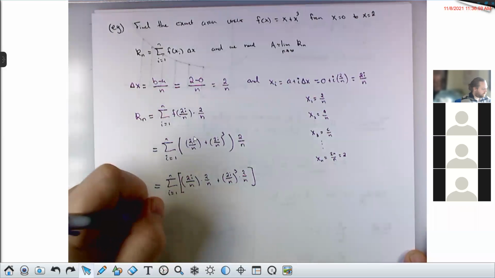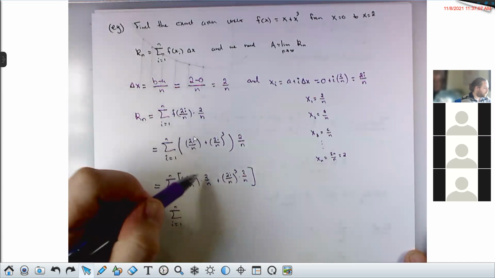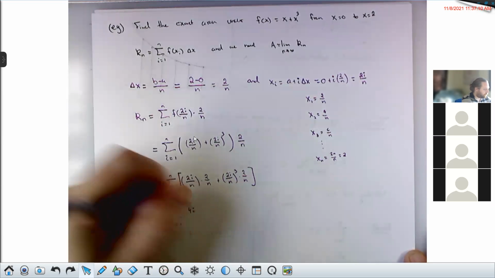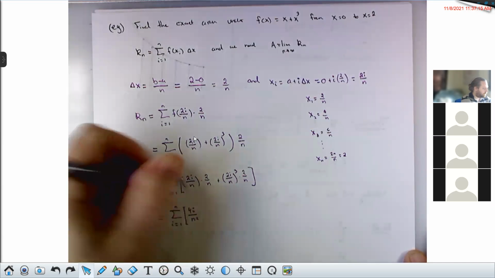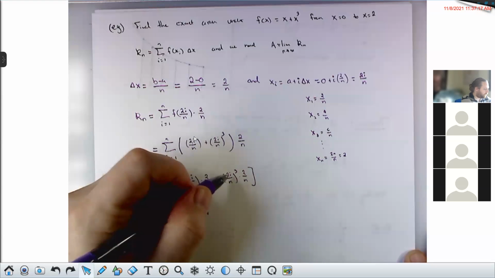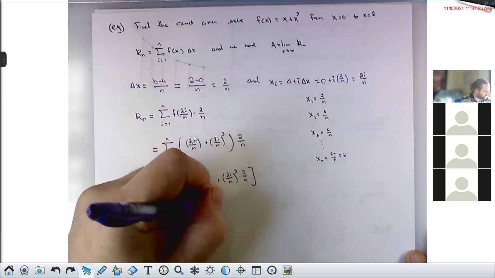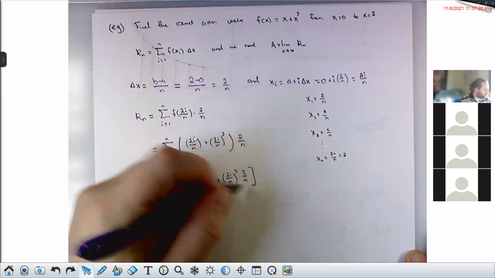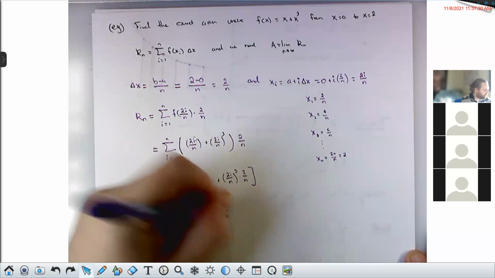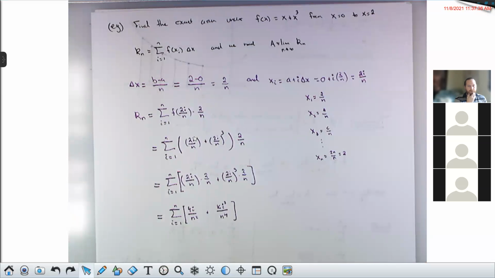And then I will write this as sigma i from 1 to n. 2i times 2 is 4i, and n times n is n squared, plus 2i cubed is 8i cubed, times 2 is 16i cubed. And then downstairs here I have n cubed times n is n to the 4. So just a little bit of algebra.